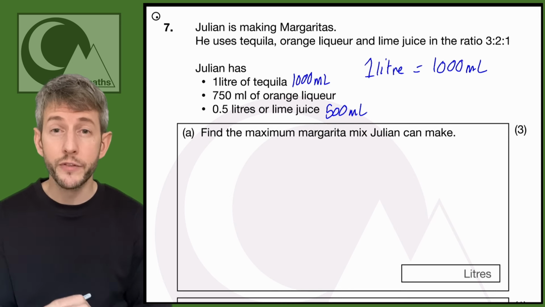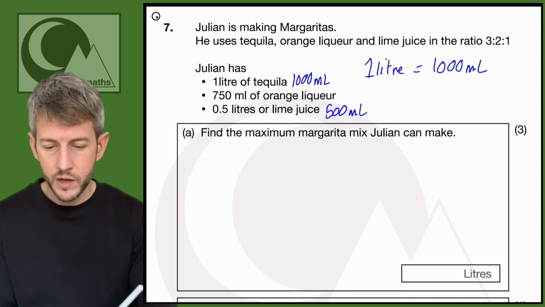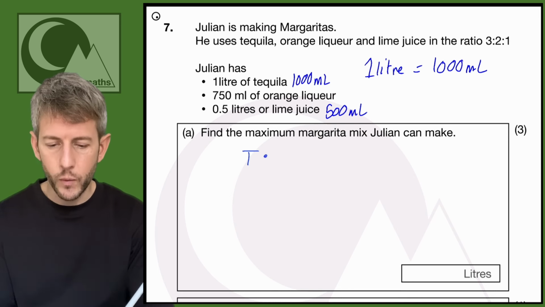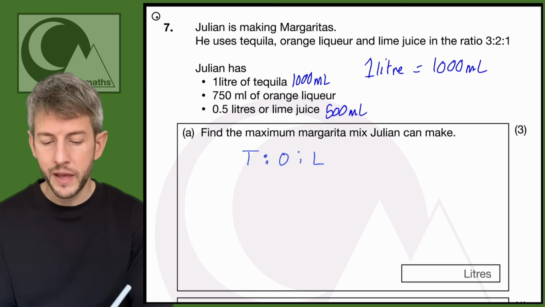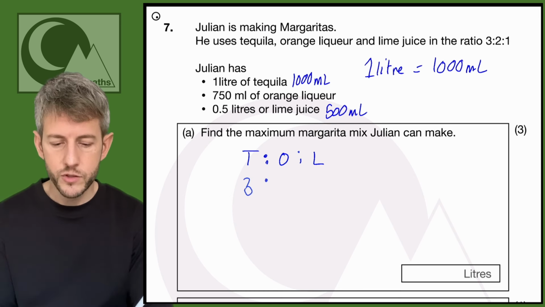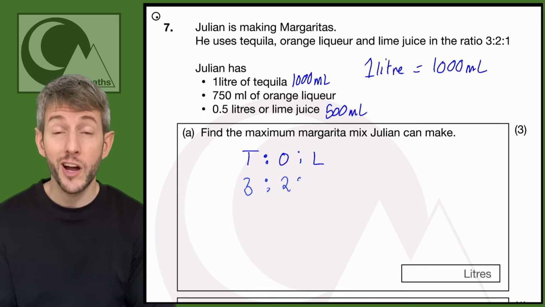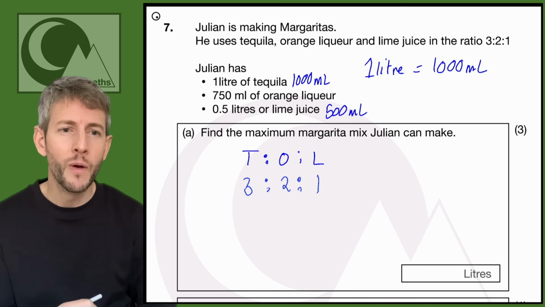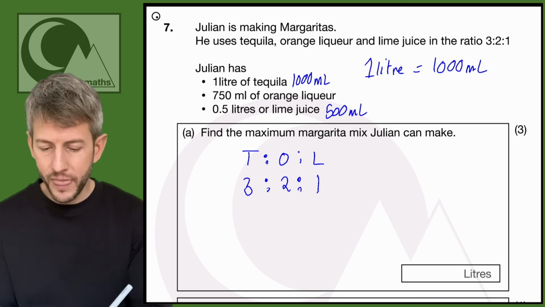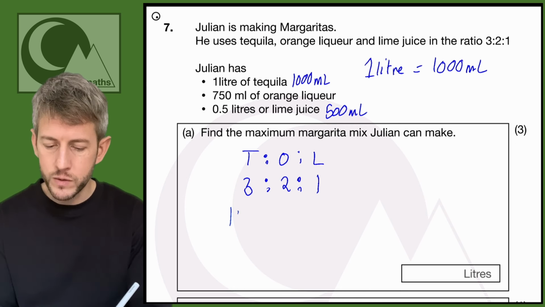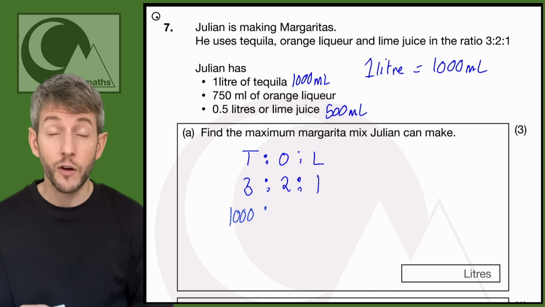Now I'm going to write down the ratio. Tequila to orange to lime is 3 to 2 to 1. I'm going to go for scenario 1 first, which is where we use up all of the tequila. That means I'm going to need 1000 millilitres of tequila.